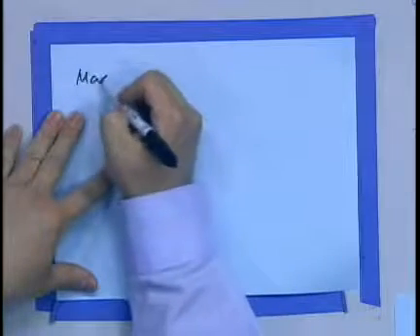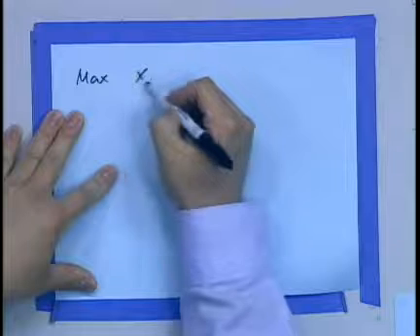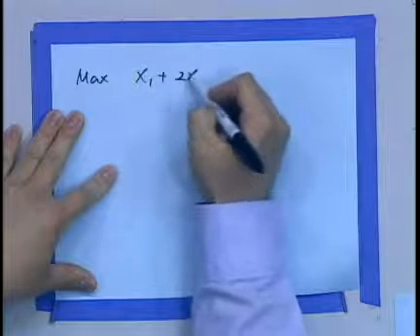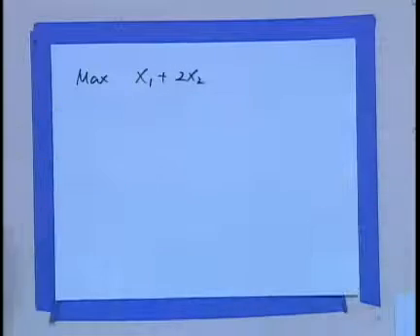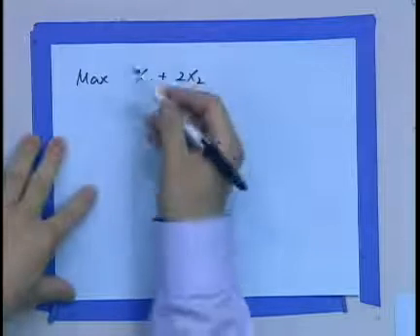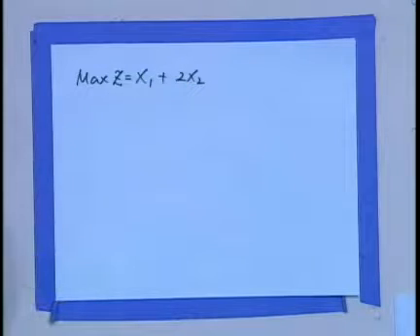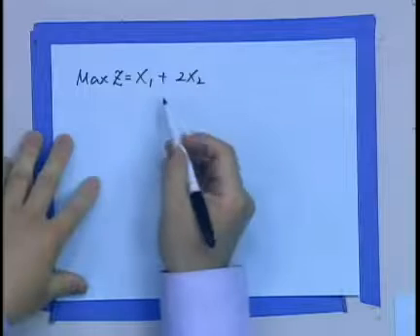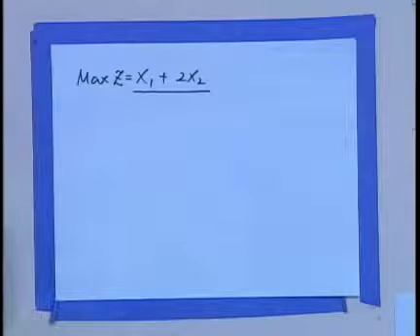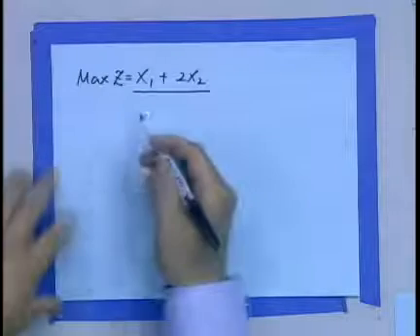With the given maximization problem, x1 plus 2x2, Lindo sets the objective function value equal to z, and then moves x1 plus 2x2 to the left-hand side.